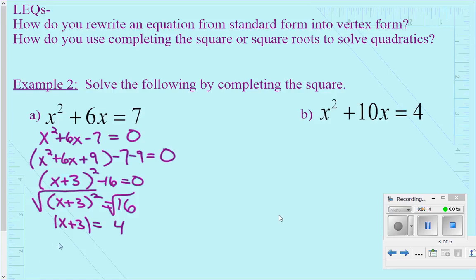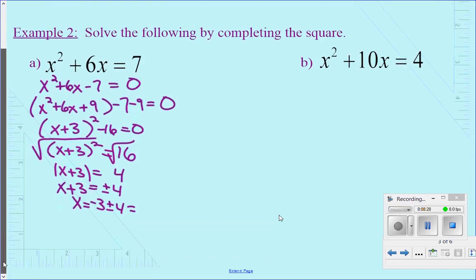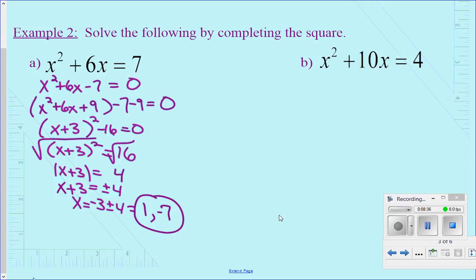So to get rid of the absolute value, I make my solutions plus or minus, and of course I'm going to subtract 3. And when I subtract 3 from positive 4, I get 1. And when I subtract 3 from negative 4, I get negative 7. So the two solutions are 1 and negative 7.